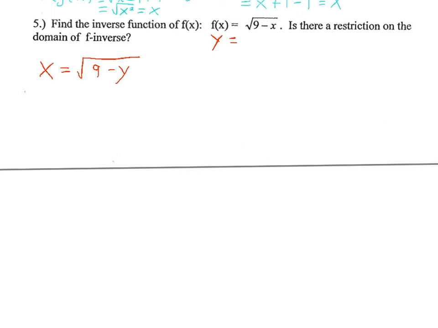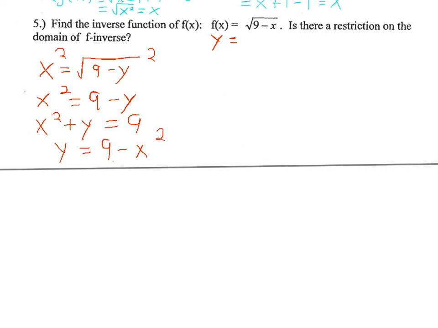So I'm going to square both sides. So I have x squared equals 9 minus y. And then I'm going to add y to the other side, and then subtract x squared. So I get y equals 9 minus x squared.